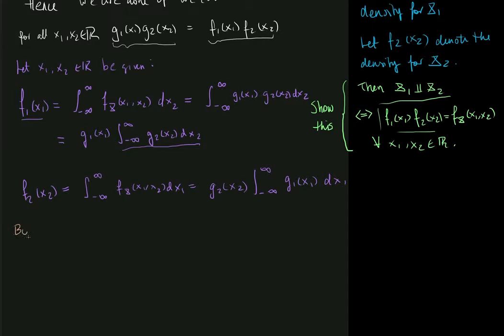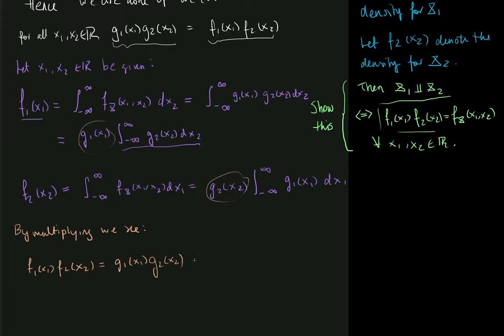By multiplying, we see that f1 of x1 multiplied by f2 of x2 is equal to g1 of x1 multiplied by g2 of x2. And if this were all, then it would be really nice, because then we're done. However, we also need to multiply the integral parts.